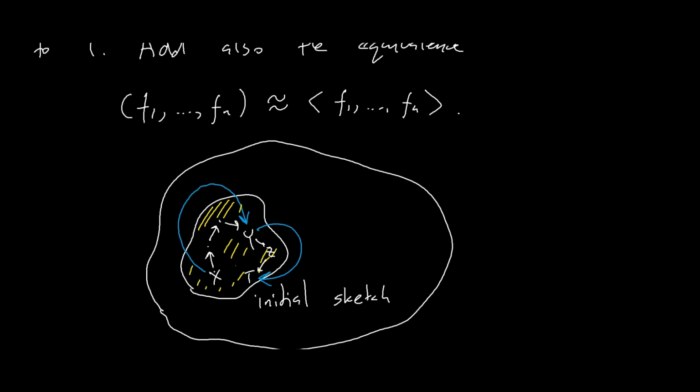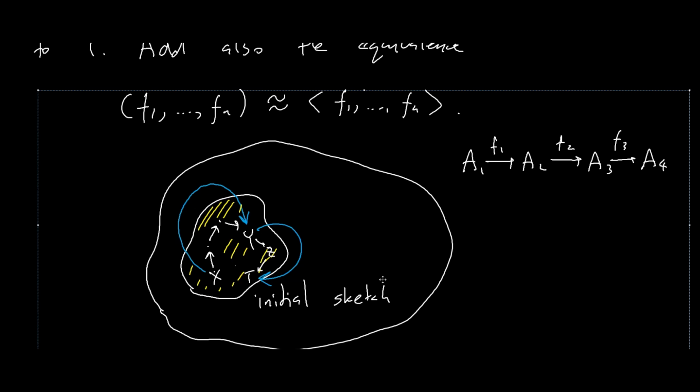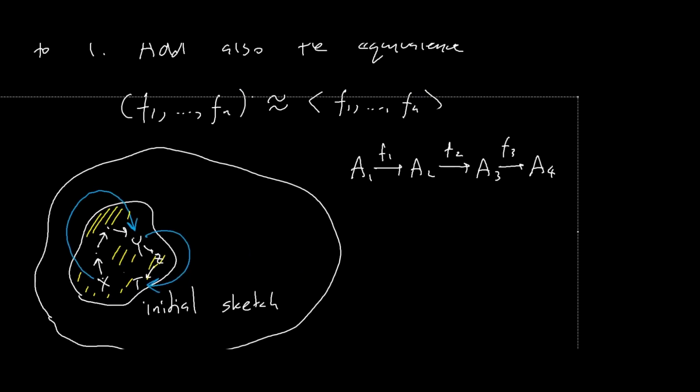So just to show you an example here, let's say we've got X, maybe I'll call this A1, F1, A2, F2, A3, F3, A4, and I want to continue that list.